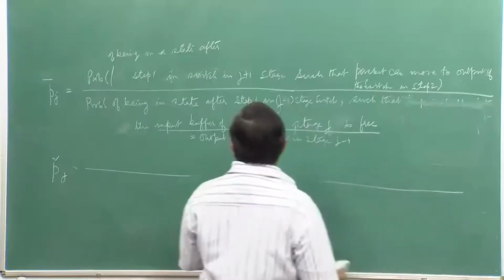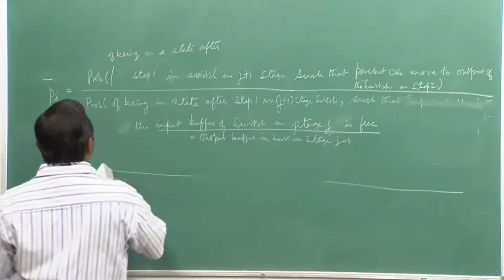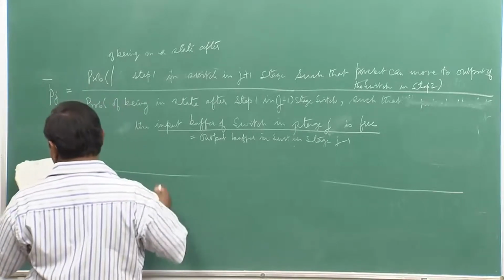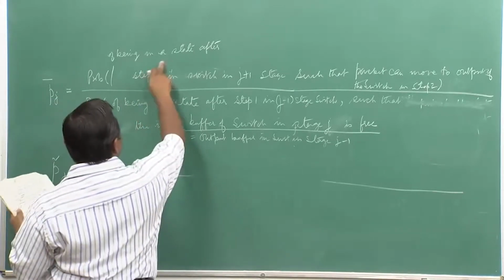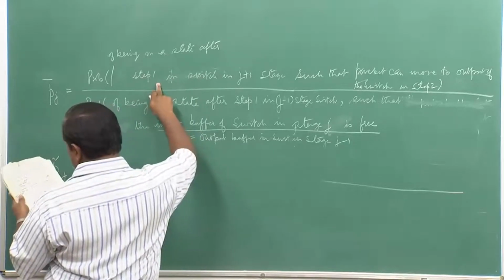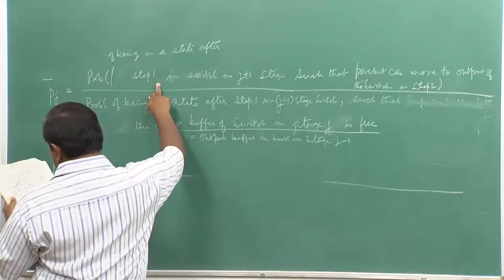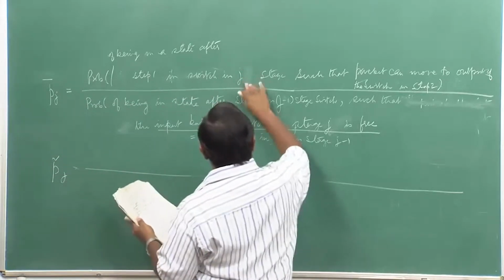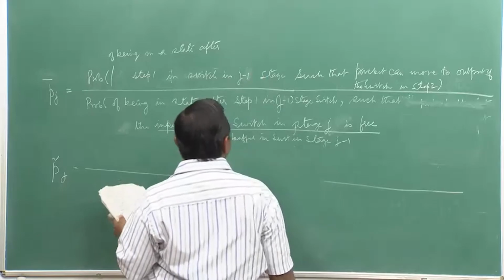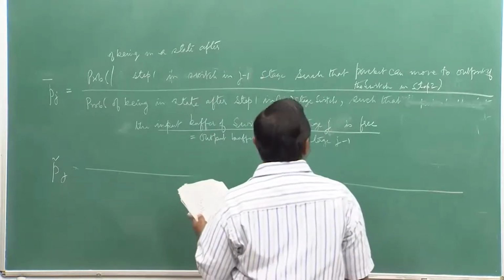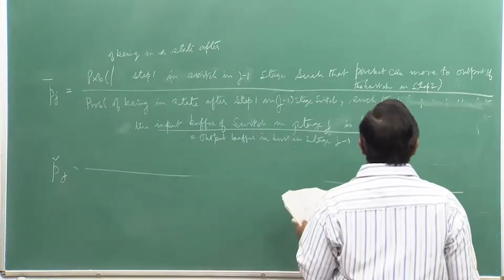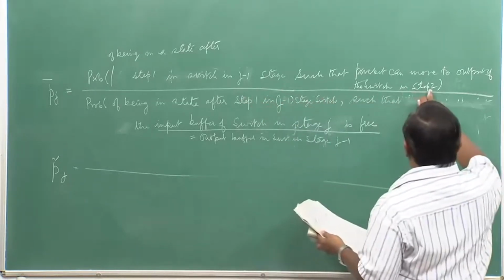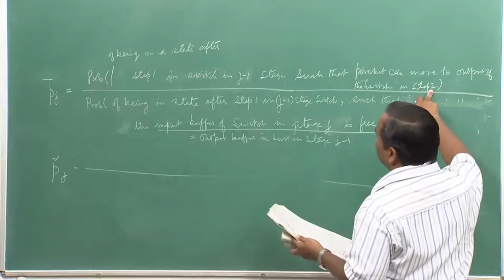This boundary condition will also. So the denominator I have corrected. So for Pj bar, probability of being in state after step 1 in switch in j minus 1 stage such that the packet can move to the output of this switch in step 2.